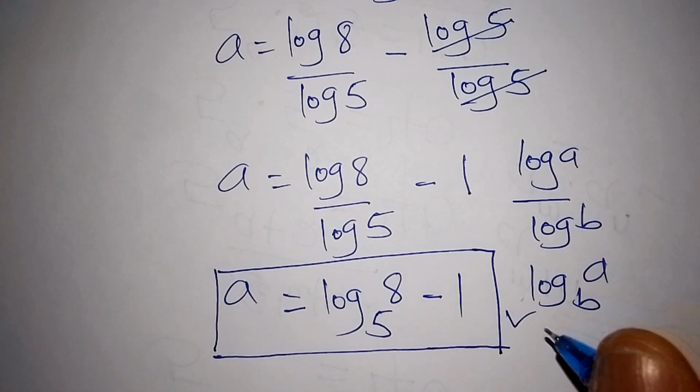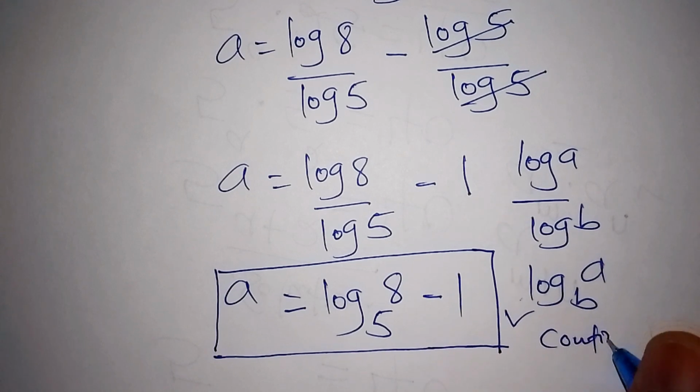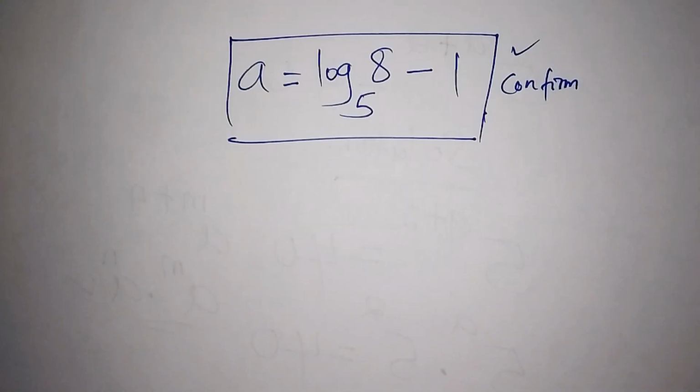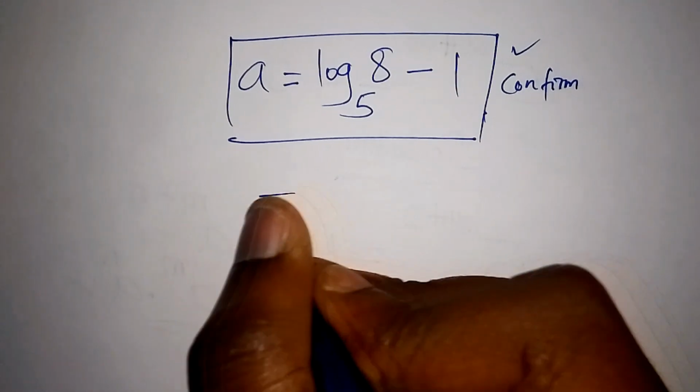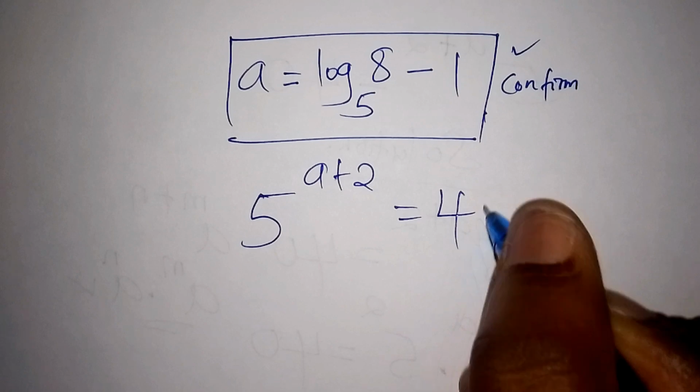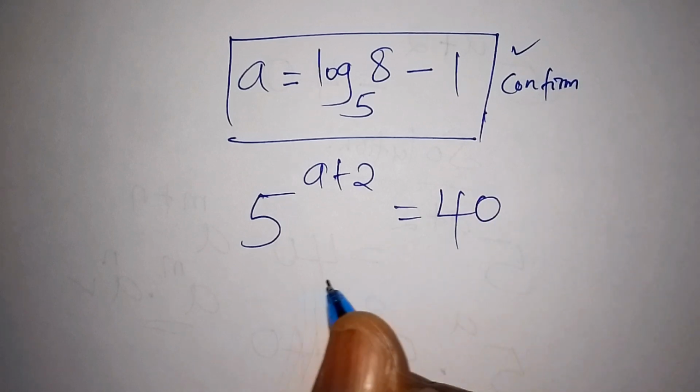We can still check if it is really the correct answer. Let's recall our equation: 5 to the power of a plus 2 is equal to 40.